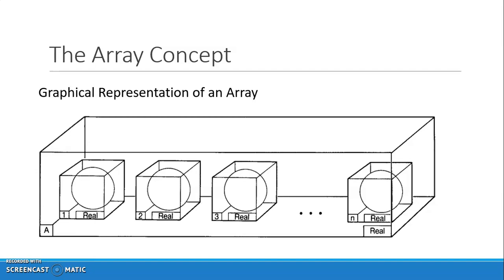We are making an assumption that we have a big container. That's what we can call an array. So this is our big container, and this big container will have other containers. If we are declaring 10 numbers, it means we are going to have those 10 integers or reals inside this big container.